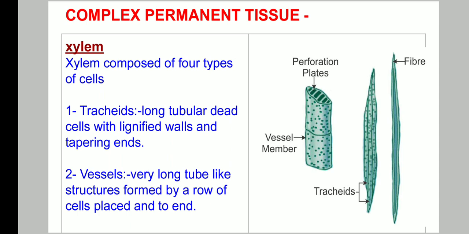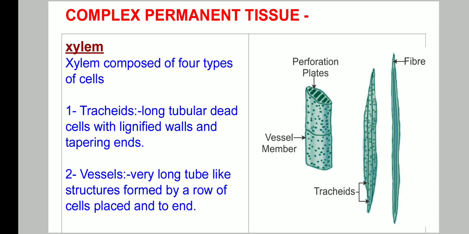Then after that, the next type of permanent tissue is complex permanent tissue. There are two types of complex permanent tissues. Xylem. Xylem is composed of four types of cells, as you all know. Tracheids.